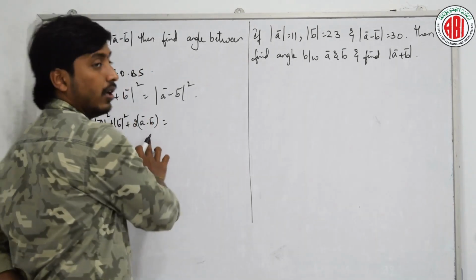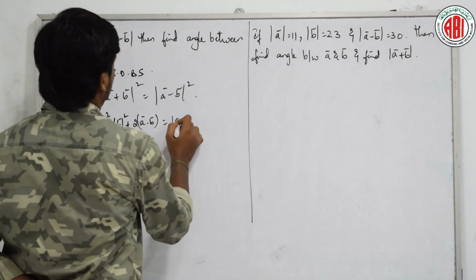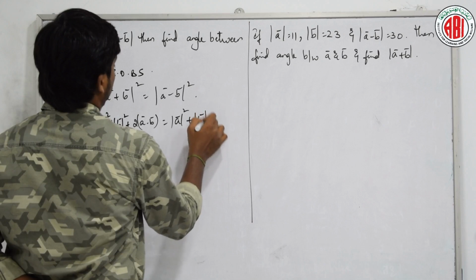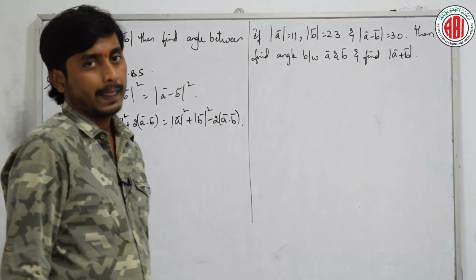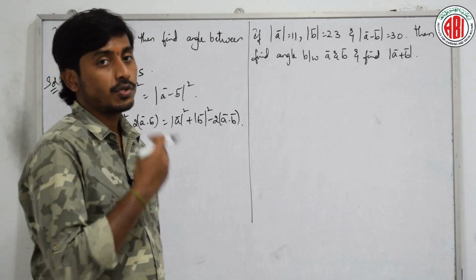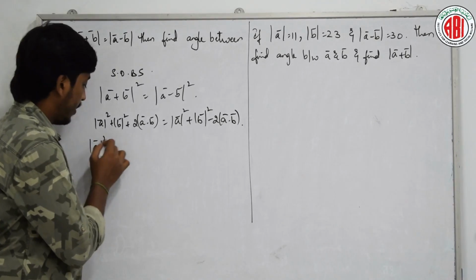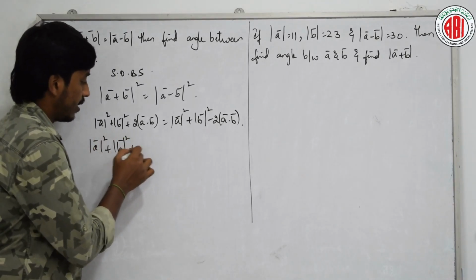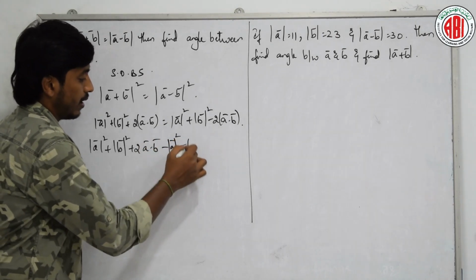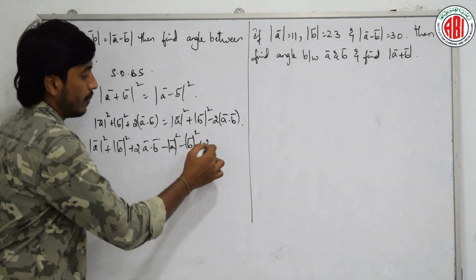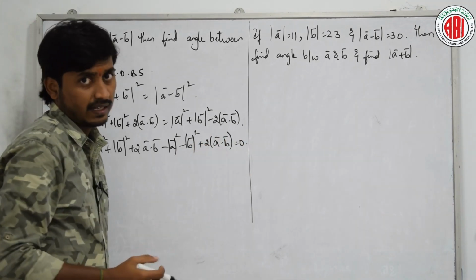Yes or no? Instead of 2ab we will write a bar dot b bar, and after that a square plus b square minus 2 a dot b. Clear? Let us bring all the terms to one side. Then it will be mod a bar square plus mod b bar square plus 2 a dot b minus a bar square minus b bar square plus 2 a dot b equal to 0. Is it clear?